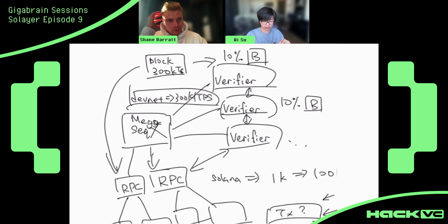And if you submitted a transaction on Solana but it was not relayed to our chain, the verifiers will complain about that, and that's also one component of slashing our sequencer.